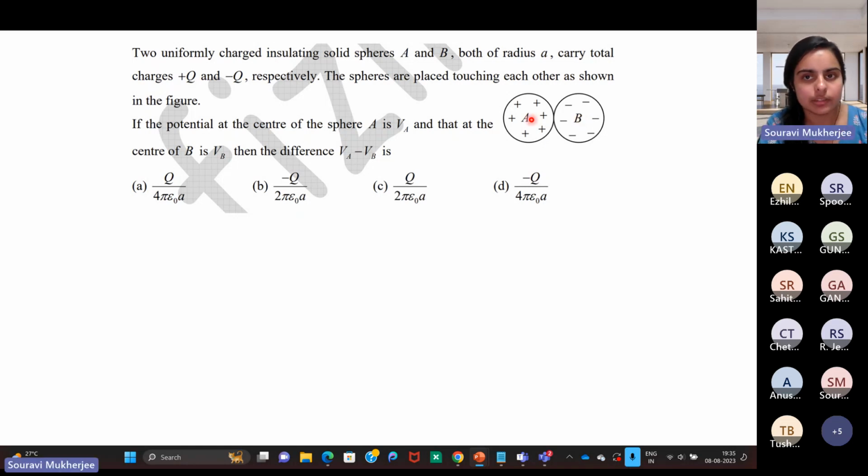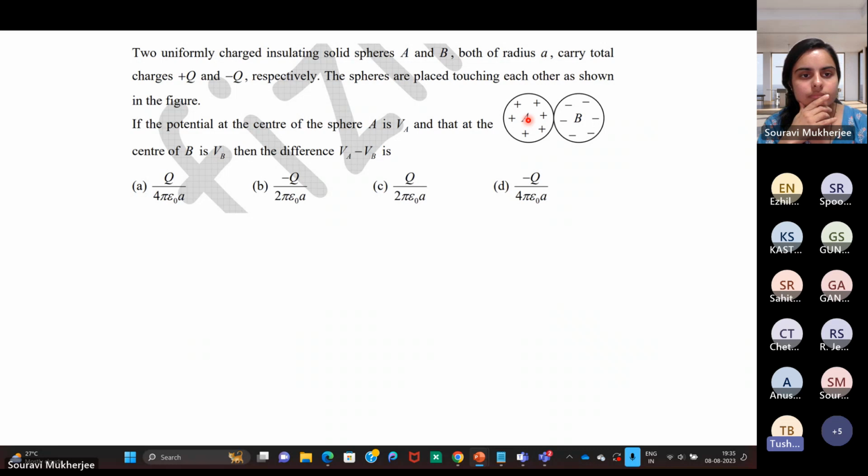So first tell me, what would be the potential at the center of this sphere for this positive sphere? Just forget about the negatively charged sphere. What would be the potential at the center of this sphere for just this sphere?